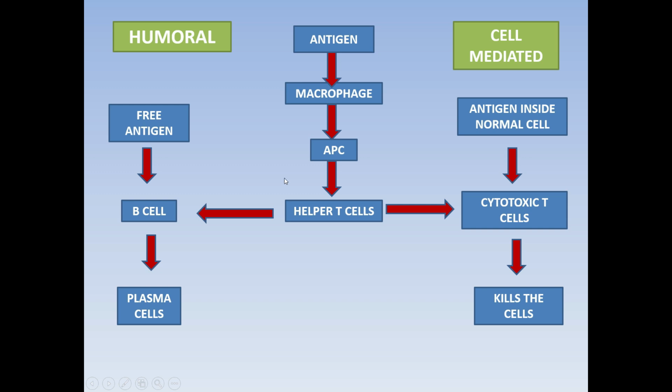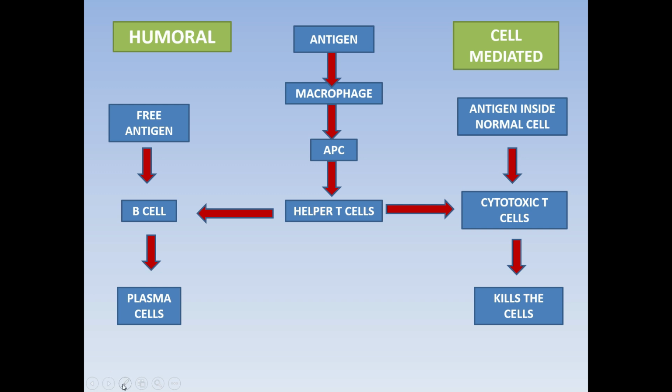When the macrophage engulfs the antigen, like a bacteria, it will break the bacteria down into small fragments. So the whole pathogen, if it enters the body, is broken down into small fragments.